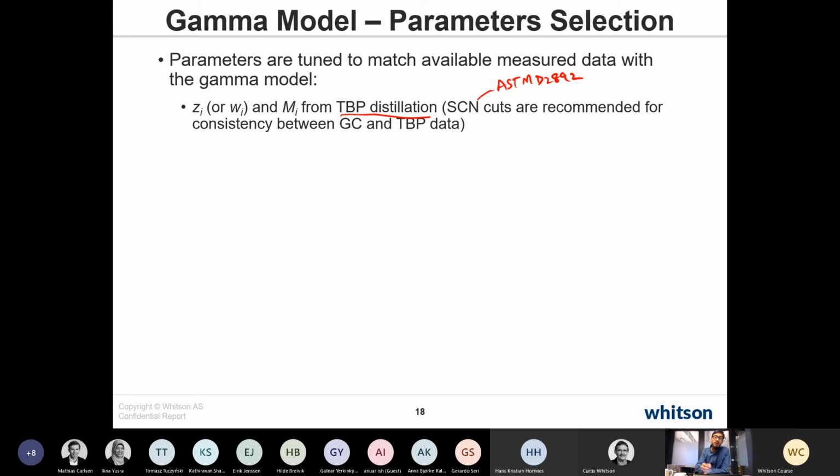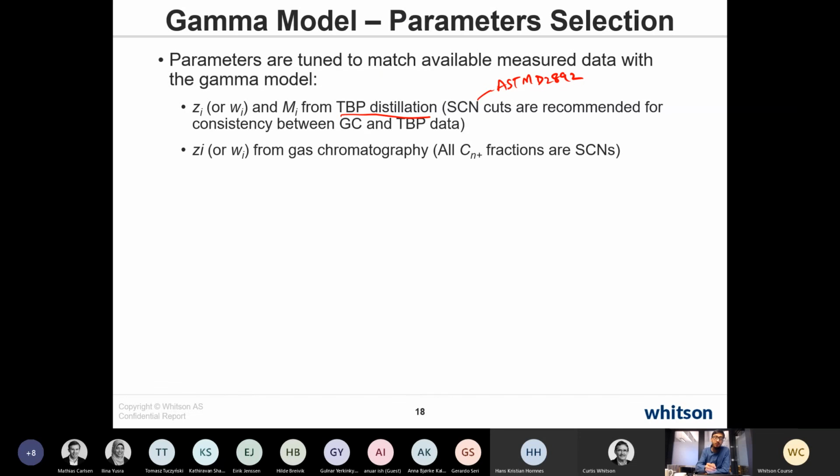If you have single carbon number cuts for your TBP data, then it's much easier to integrate the TBP data and GC data together, because you have the same kind of components in both. But if you don't have TBP distillation with single carbon number cuts, you can still use the TBP data and make the most of it in the C7 plus characterization.